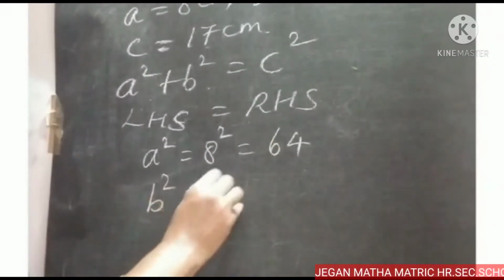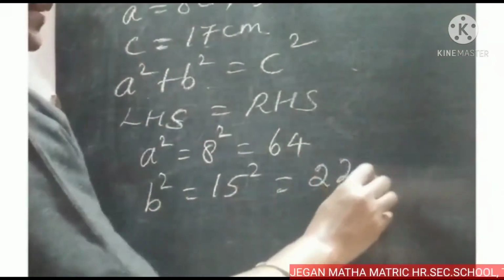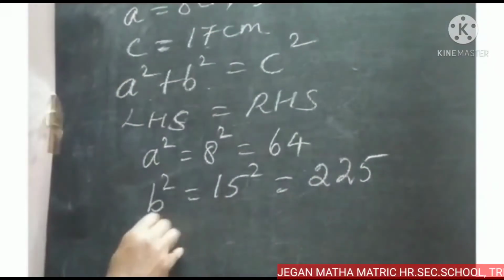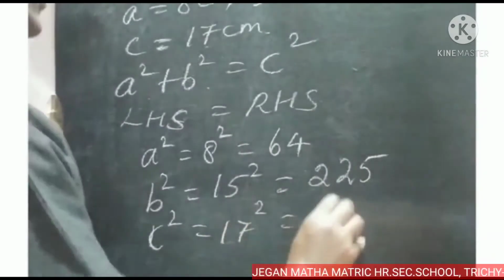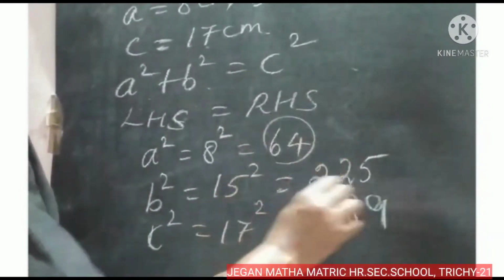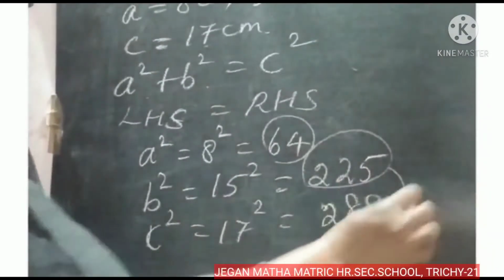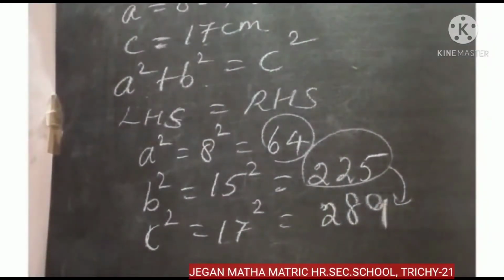Next B square, that is 15 square, equal to 225. Next C square, that is 17 square, that is 289. Now you have to add A square plus B square. The total should be C square. So is 289 coming or not? Now you have to check this.